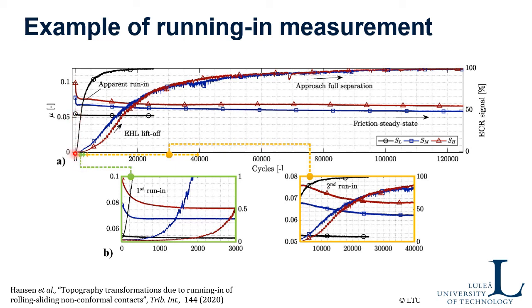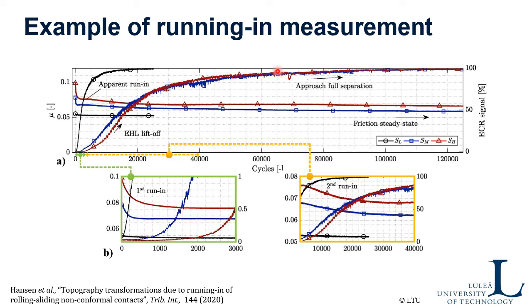The electric contact resistance signal for the smooth surfaces goes up very rapidly, up to almost 100. So here you have full film already here sometime. For the rougher surfaces it takes a little bit more time, about the same time for the medium and the roughest surface here actually. But after some cycles you have more or less full film lubrication.